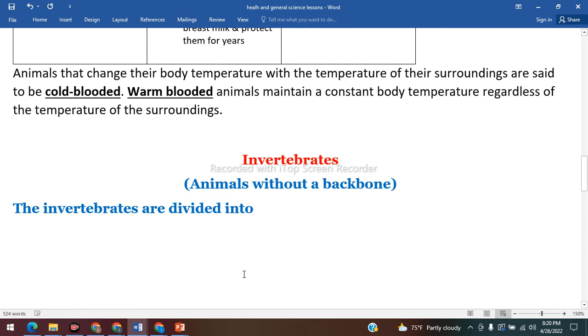The vertebrates we know, vertebrates is 5 classes. Let me give you a hint. How long are you in junior high school? 3 years. Okay, good. 5 plus 3 is 8. So invertebrates are divided into 8 groups, 8 phyla.